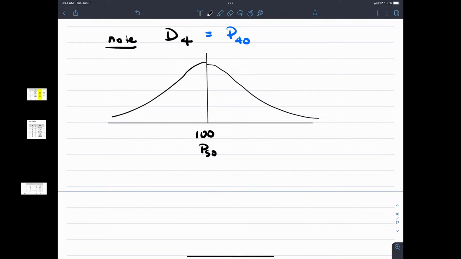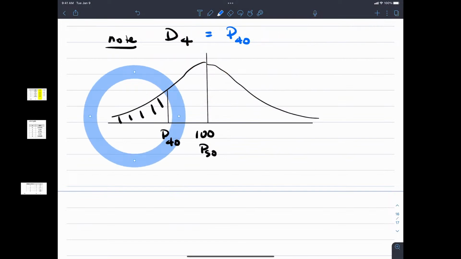Where would P40 be? To the left. So let's see if you're really awake here. What percent of the bell would this be as a left tail for P40? Remember the definition of P40? What's that definition? Anybody know? What percent is here?